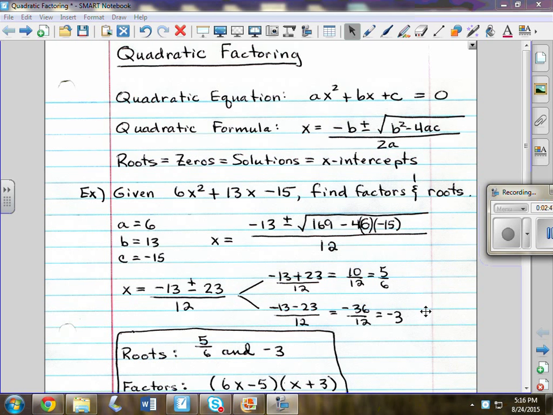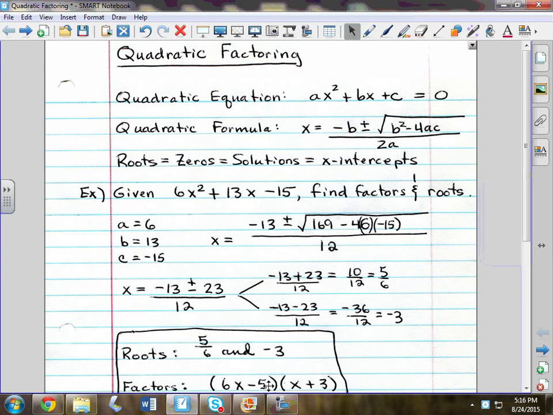And then to make them into factors, let's look at this single number first right here, this integer number. I've got negative 3, and I'm going to do x minus the root. So minus a negative would be plus, so I'll have x plus 3. So basically this is going to give me the opposite sign in my factor. And then here, if I just look at the top number, it's 5, so I'm going to get down here an x minus 5 using that opposite sign.